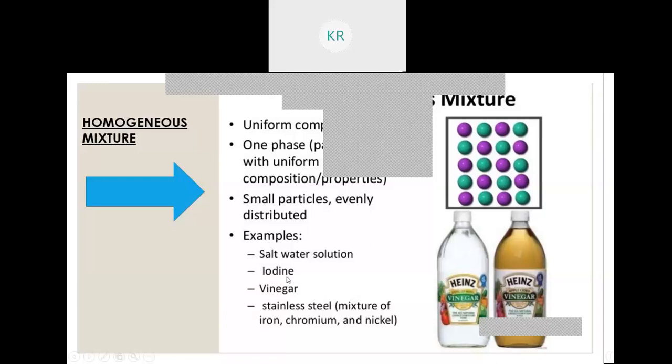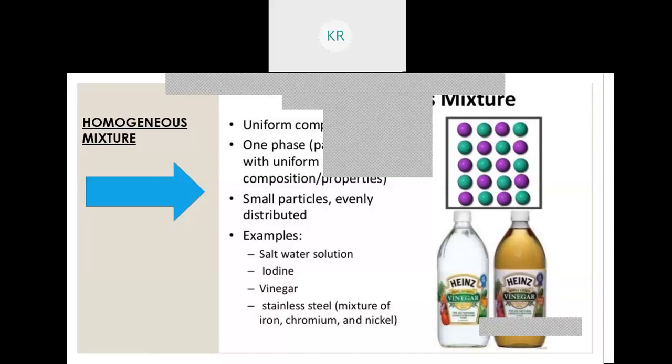Iodine, vinegar and stainless steel are examples of homogeneous mixture. Stainless steel is a mixture of iron, chromium and nickel. Pure air is also a homogeneous mixture, as the different components of air are mixed at a much finer level and so are not readily distinguished.